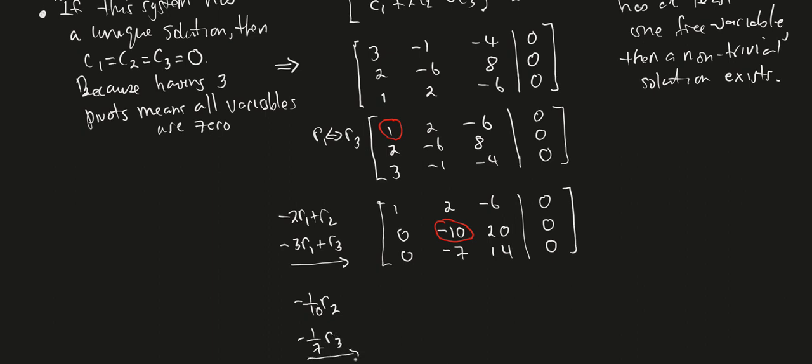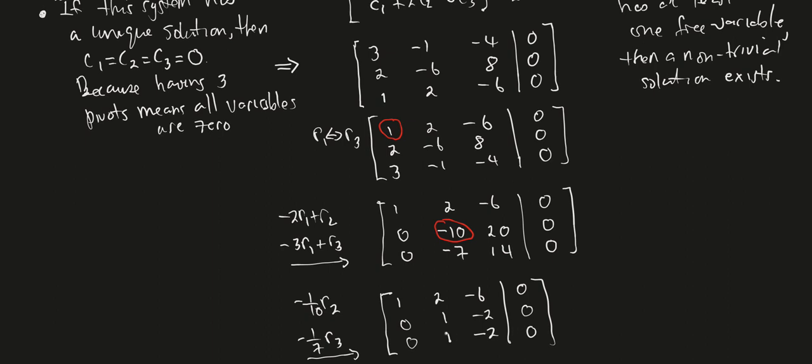Again, we can do those together. So we have 1, 2, -6, 0, and then we'll have 0, 1, and -2, 0, and then here we will have 0, 1, and again -2. And this is the thing that we recognize going back to linear systems.